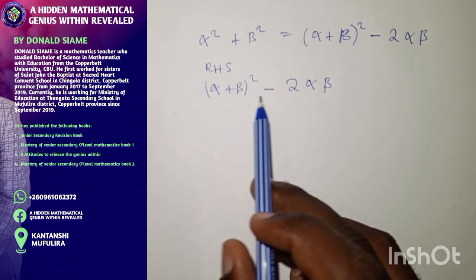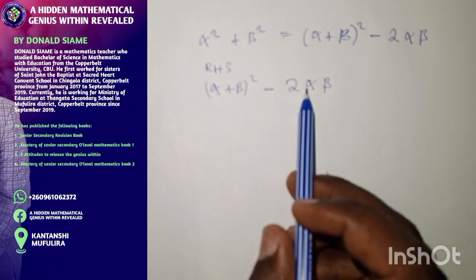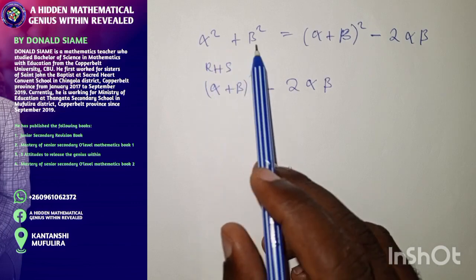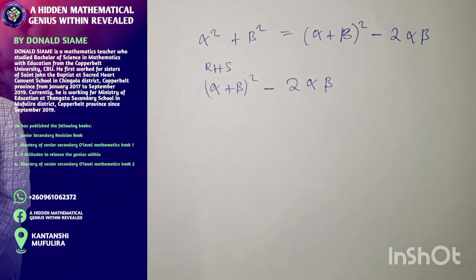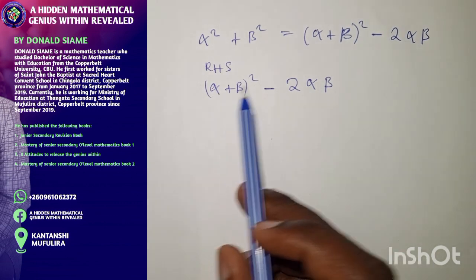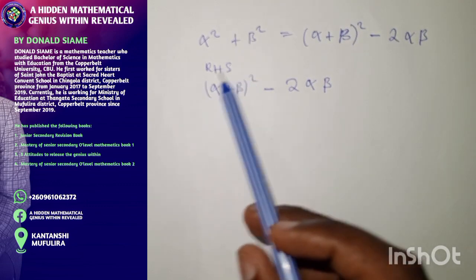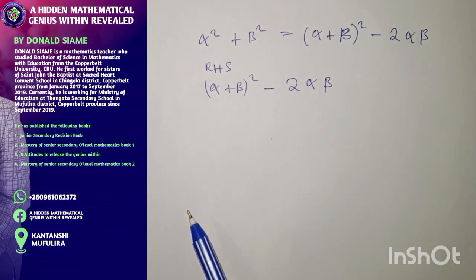If we work out the right hand side, this should give us alpha squared plus beta squared. Then that simply means we have proved it. Here we have the square of alpha plus beta. This one is just a simple expansion.